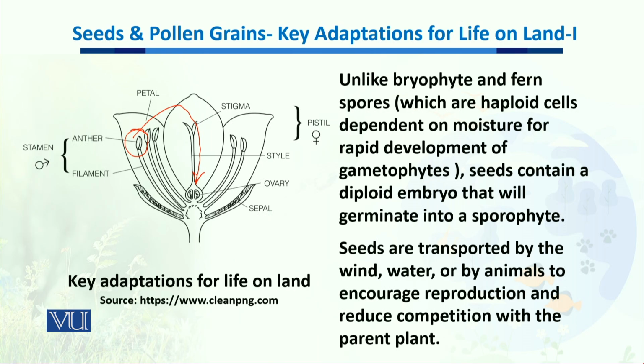Inside the ovary, the seed develops, and this seed contains a diploid embryo that will germinate into a separate sporophyte plant. These seeds are transported by wind, water, or animals to far areas, which encourages reproduction and reduces competition with their parent plants.